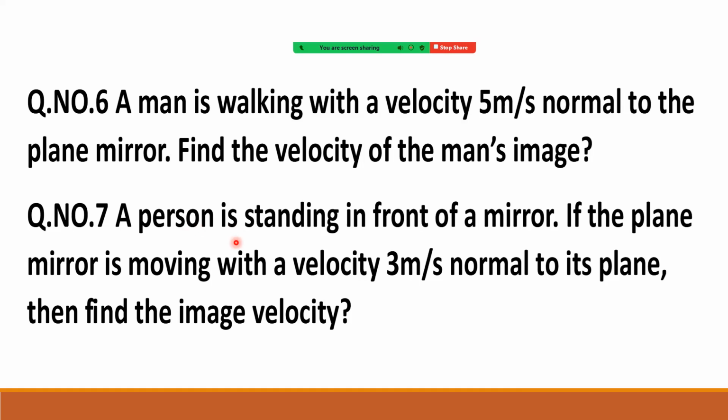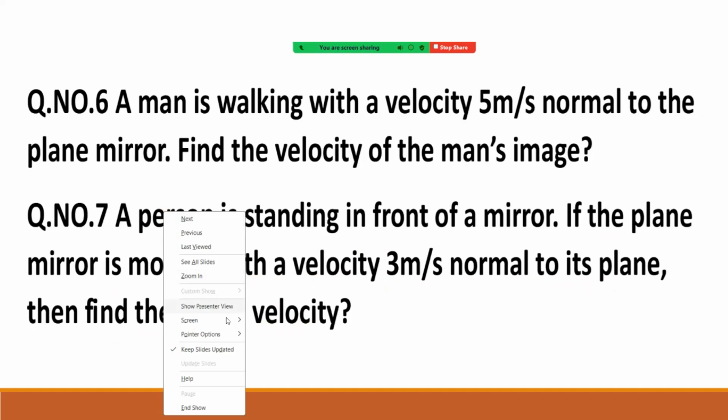Let us see the next one. A person is standing in front of a mirror. If the plane mirror is moving with a velocity 3 meter per second, normal to its plane, then find the image velocity. So the person is not moving. Now see carefully how to start.